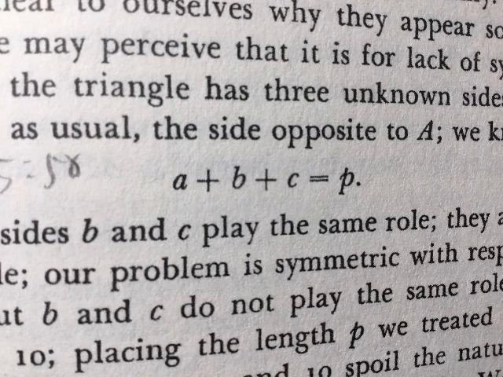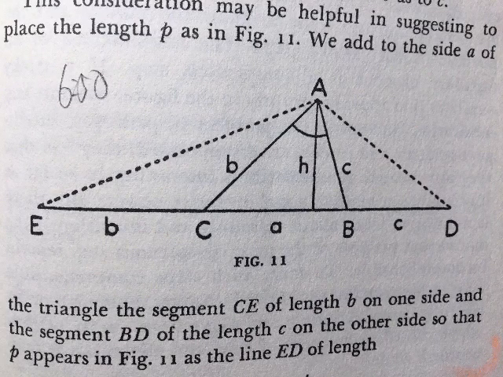We add to the side a of the triangle the segment CE of the length b on the one side and the segment BD of the length c on the other side, so that p appears in figure 11 as the line ED of the length b plus a plus c, equal to p.